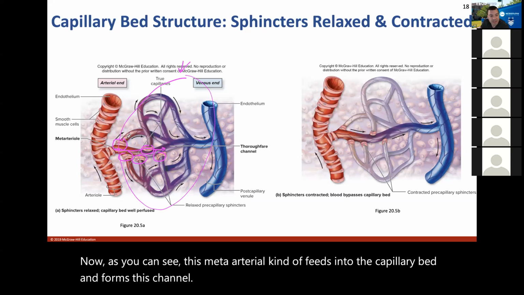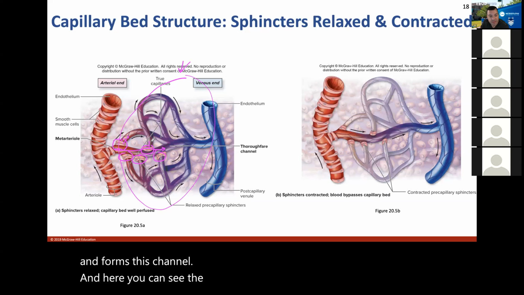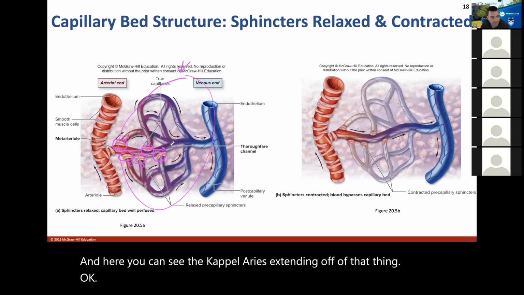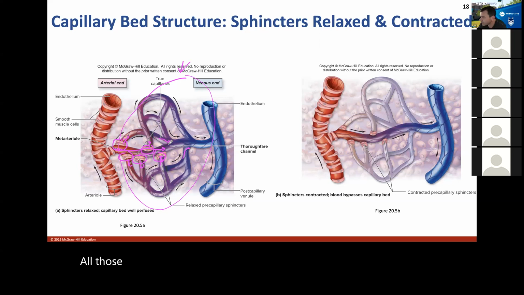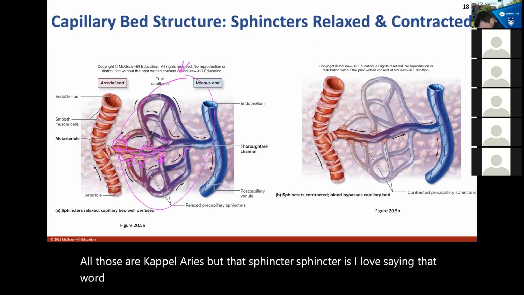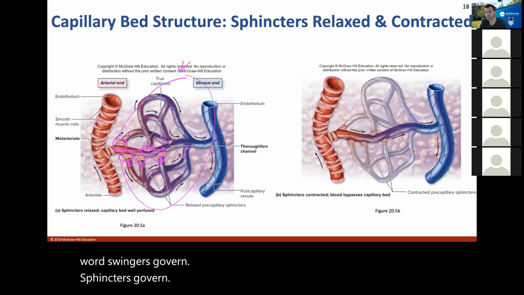And here you can see the capillaries extending off of that. All those are the capillaries. But it's that sphincter. Oh, sphincters. I love saying that word. Sphincters govern blood going into those things.